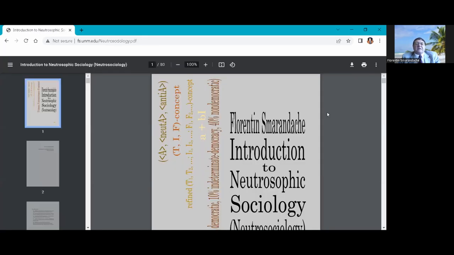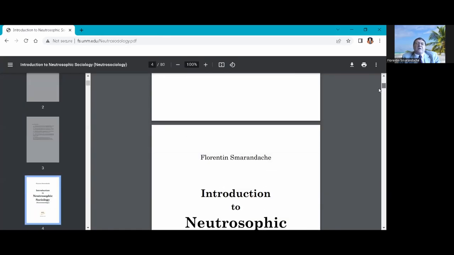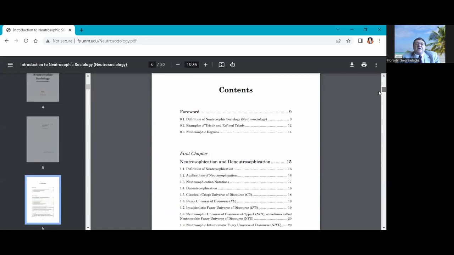Sociology. So again, Neutrosophic sociology, where on each country we consider some degree of capitalism and some degree of socialism. Why?